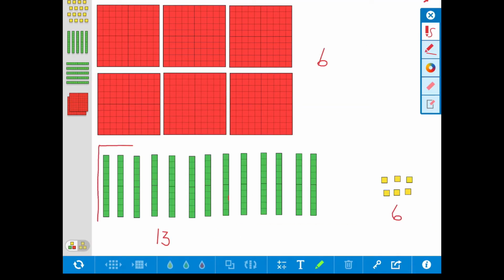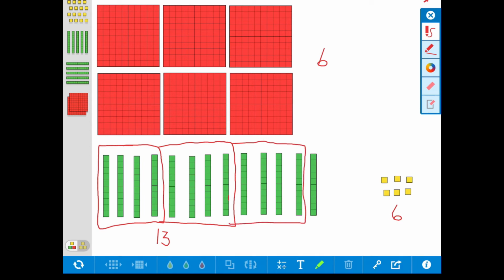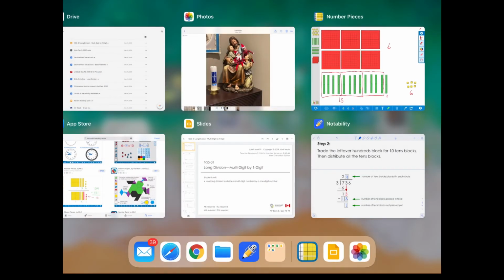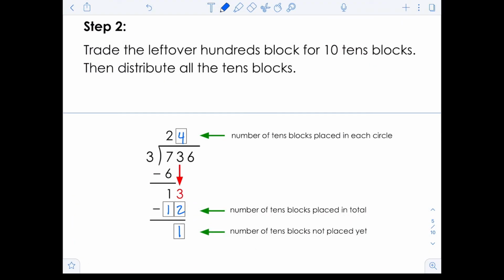We're dividing 13 into 3 groups. So the groups have to be even groups. So there's 1 group, 2 groups, 3 groups. So we could see that we've got 12, and we've got the one little lonely one here left over. So here is our 12, and then the 1 that's left over.